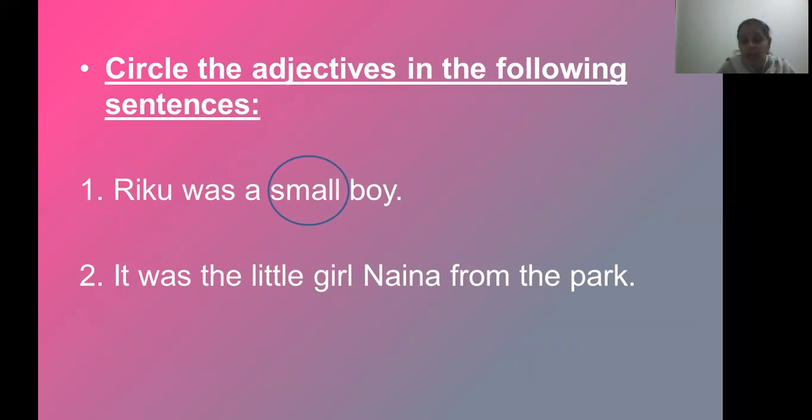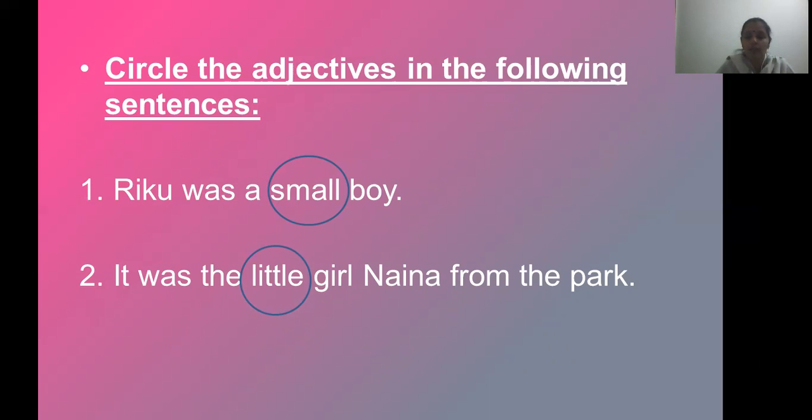Little describes the noun girl, right? How was the girl? She was a little girl, right? So the adjective here is little and we are going to circle little over here.